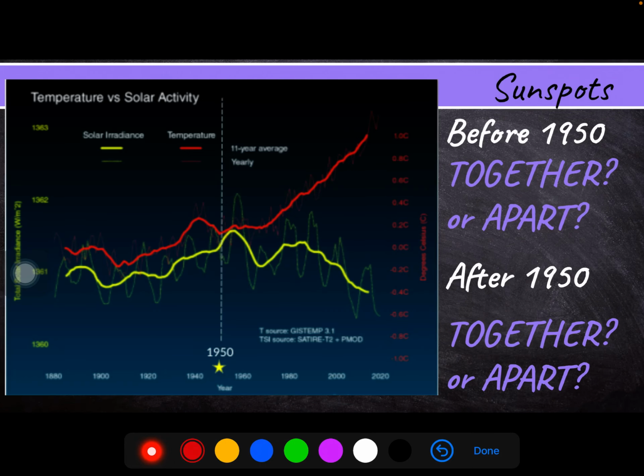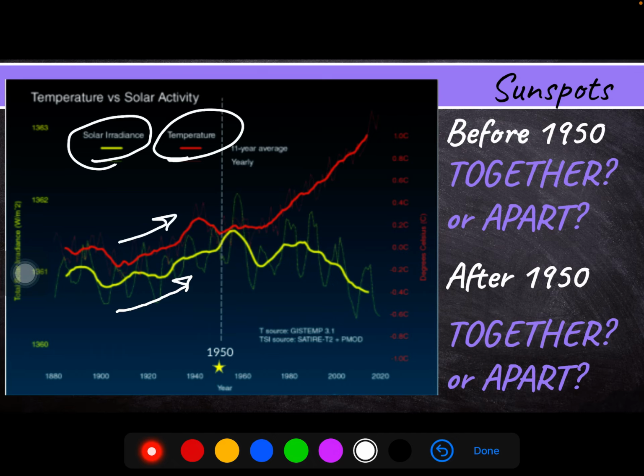And so when we put all that data together, we can then figure out, well, does the sun's energy have an impact on global temperatures? Here, before 1950, we can see when sun's energy goes up, so do global temperatures. So the graph shows the data pretty much together.